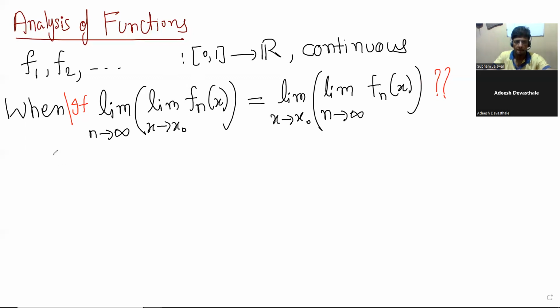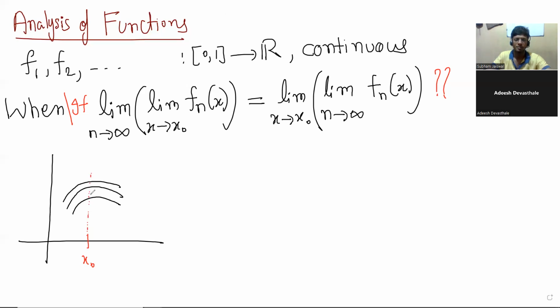Then you've got a sequence of functions, and you just draw a vertical line at x naught, and then you ask, as n goes to infinity, where does f_n of x naught go?